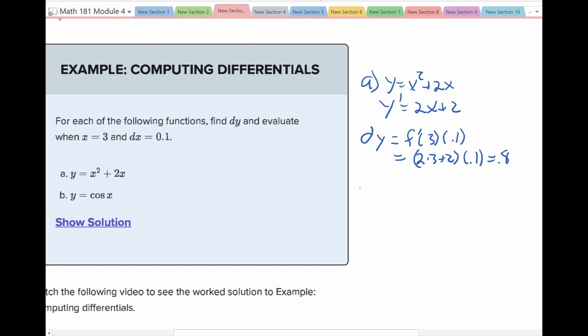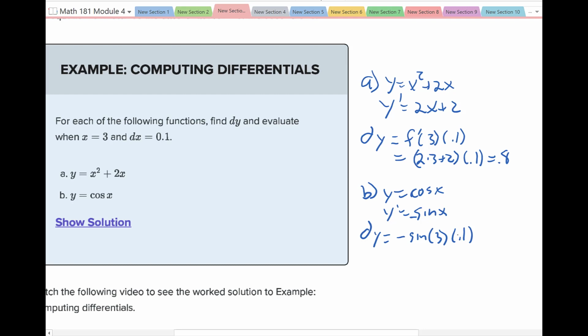And for the second one, y is cosine of x. So y prime would be negative sine of x. And by the way, I'm using f prime and y prime interchangeably. So our dy would be negative sine of 3 times 0.1.